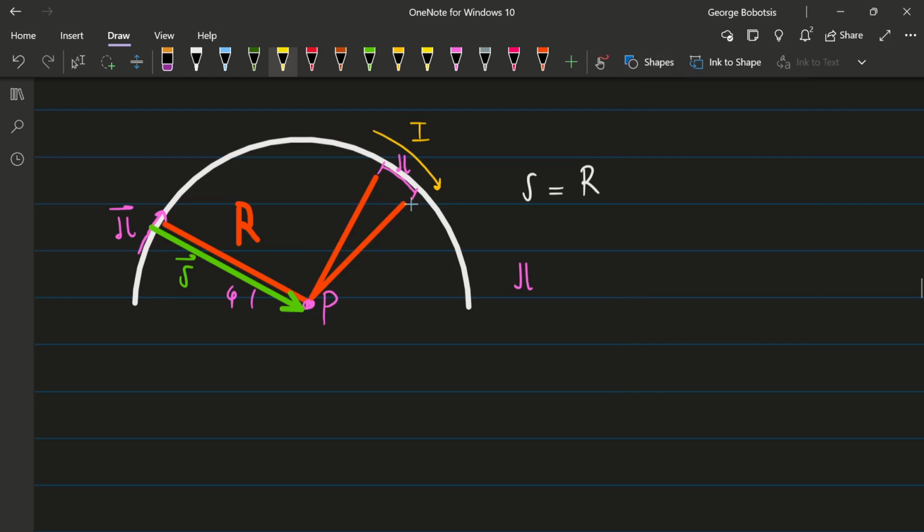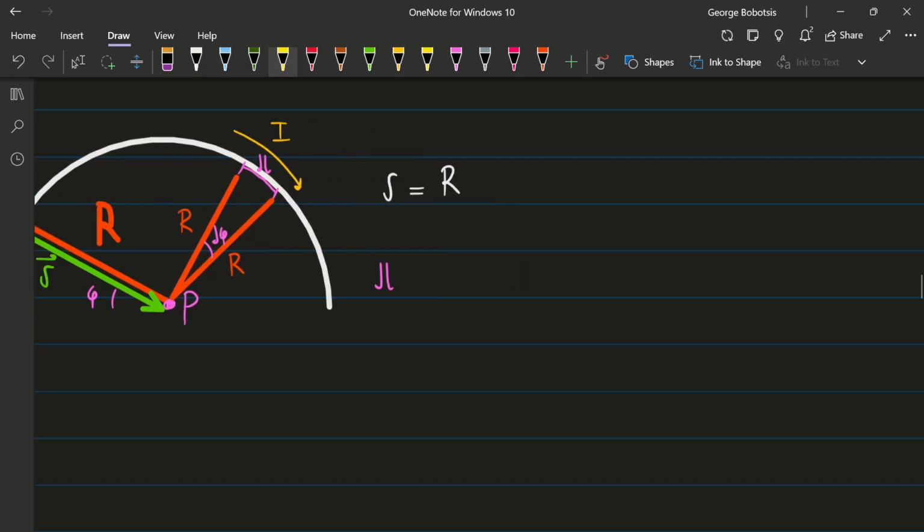So I think you can see that if the opening angle is d phi and these radii are both R, the size of dL, by the arc length formula, will be R d phi. Very nice and convenient.